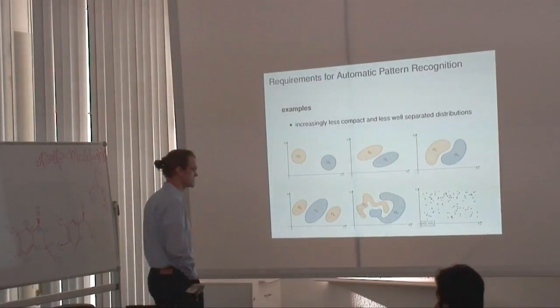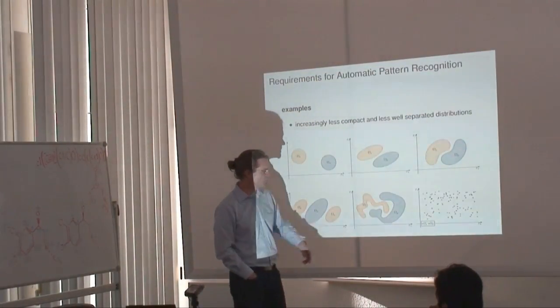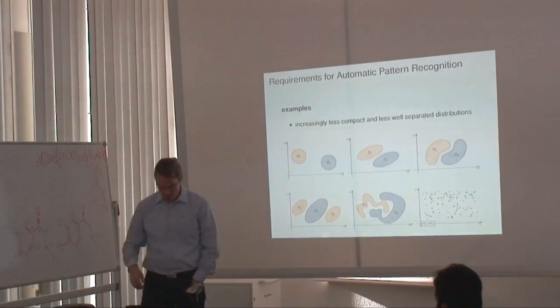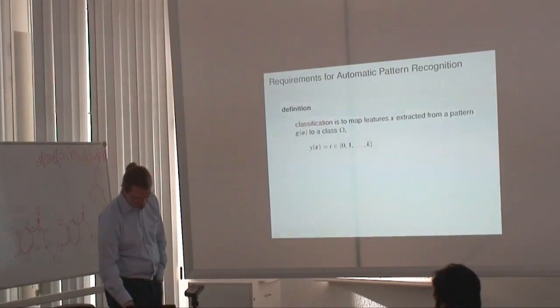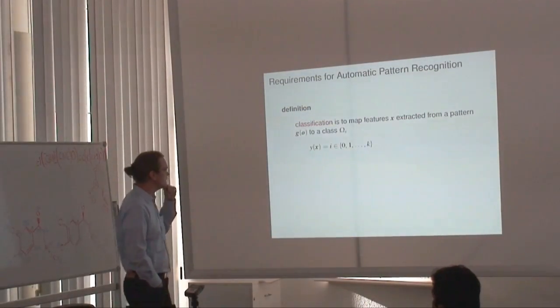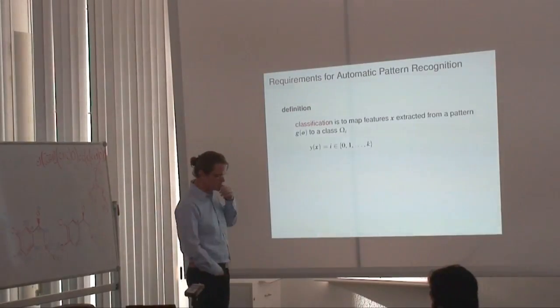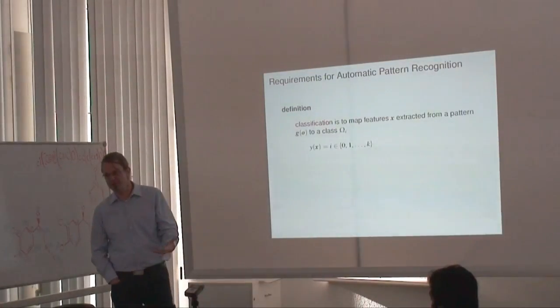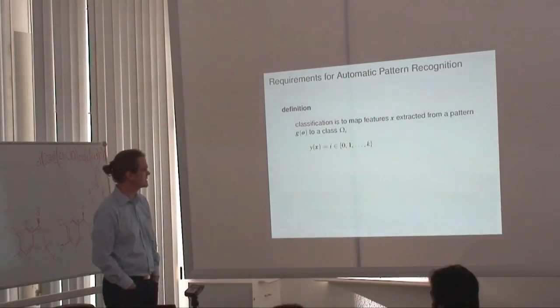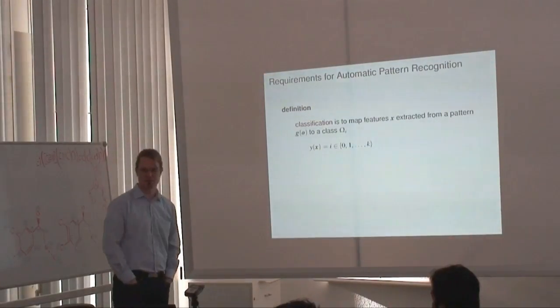And seriously, by far the most realistic setting is this over here. We therefore can define the problem or task of classification as the problem or task of mapping features extracted from patterns to classes.